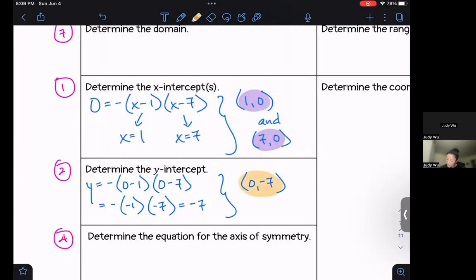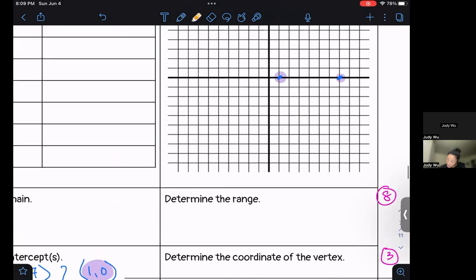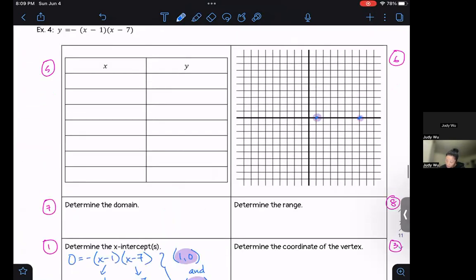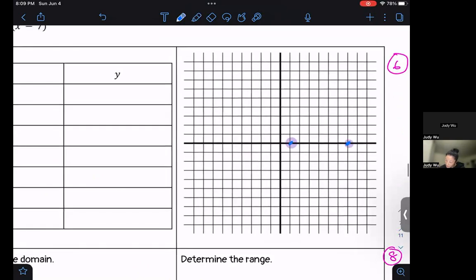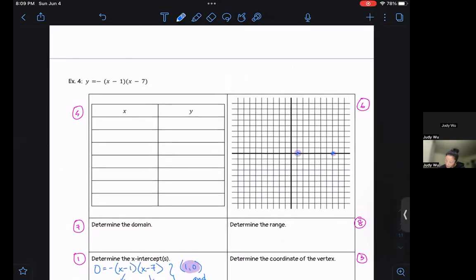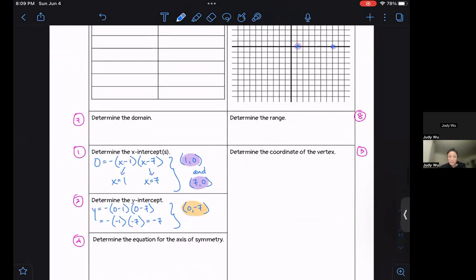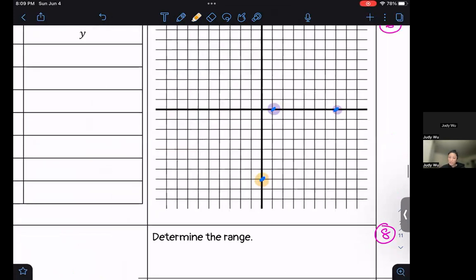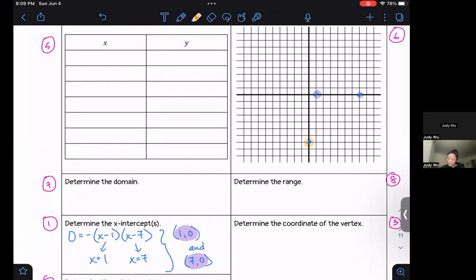This is our y-intercept. 1, 2, 3, 4, 5, 6, 7. All right. So we've got our x-intercepts, we've got our y-intercept.